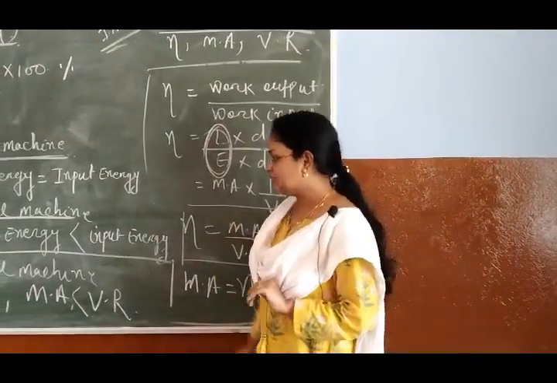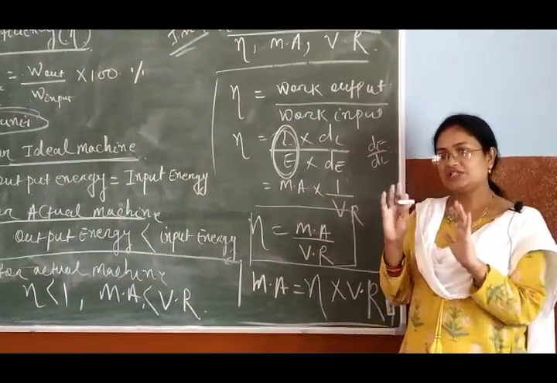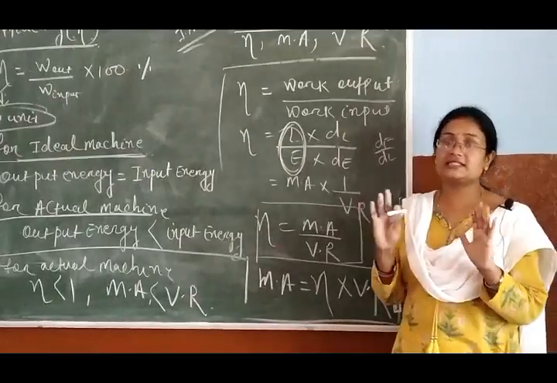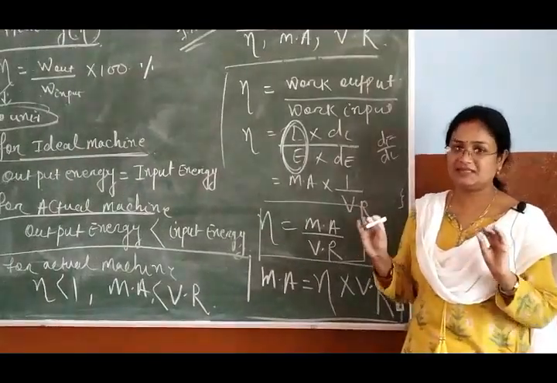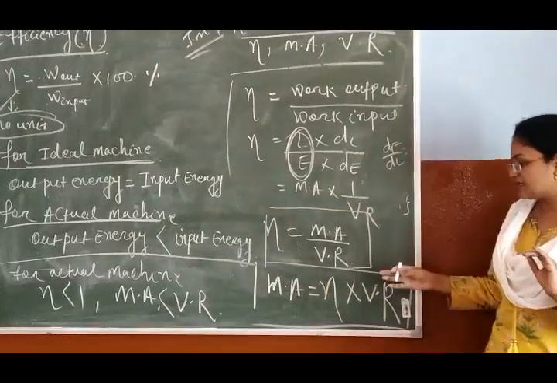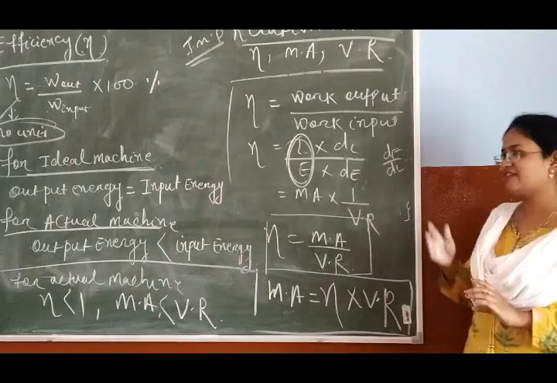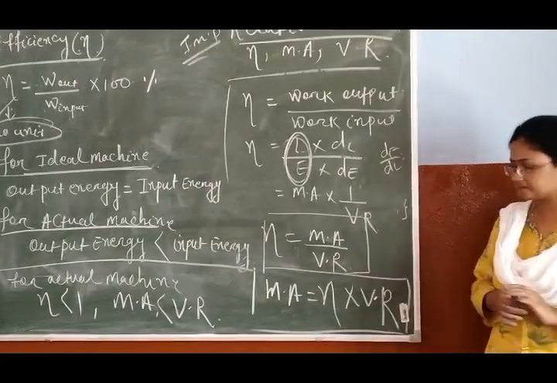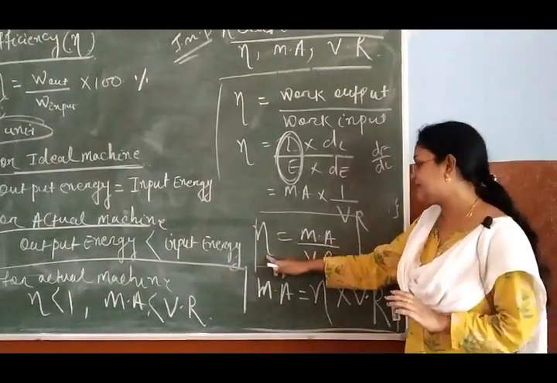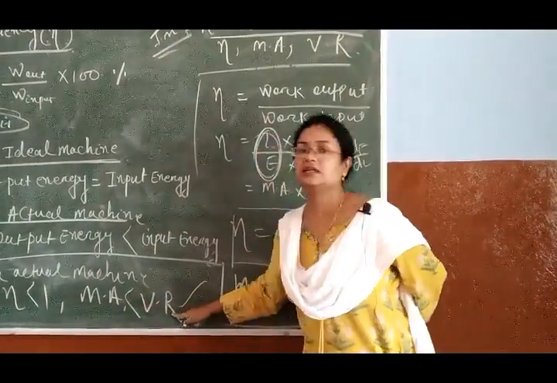And one more thing, for an actual machine, the efficiency is not 100%. There is some loss of energy. That means efficiency is less than 1. If it is less than 1, then mechanical advantage is less than velocity ratio.